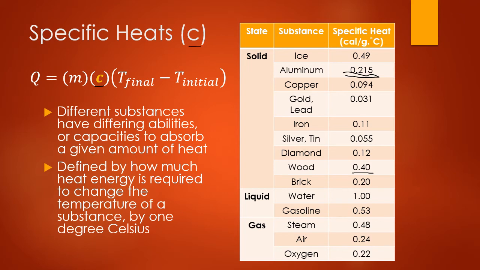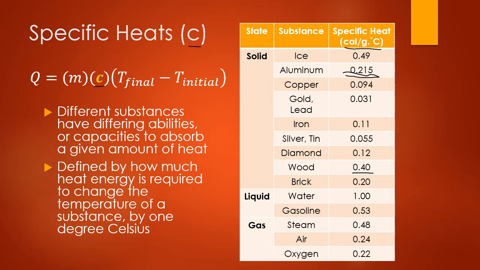So let's look at the units on specific heat, because this could help us remember equations and remember what units we need all of the variables in the heat equation in. So specific heat, the units are calories per gram times degrees Celsius. If you ever forget what units are needed when you're solving for heat, just looking at this table of specific heats can help you remember.